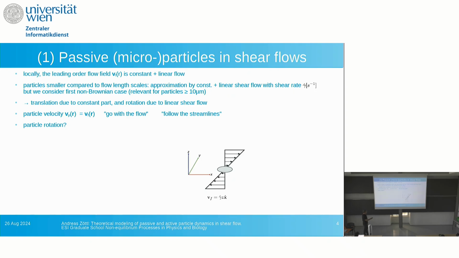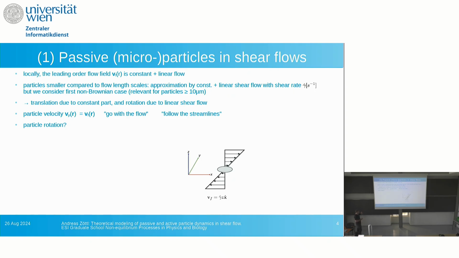So let's say a particle sitting here, it sees some velocity component to the right on its top and to its left on its bottom. So you would expect that the particle will rotate in this direction. So this is somehow the basics of rotation, right? You have some different velocities at different positions at the particle.